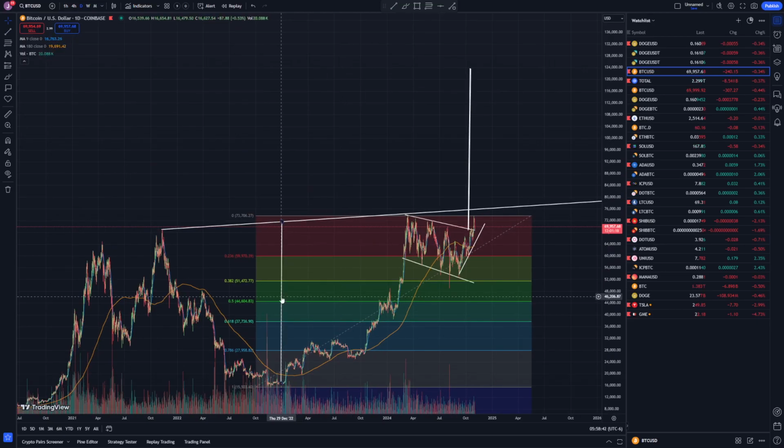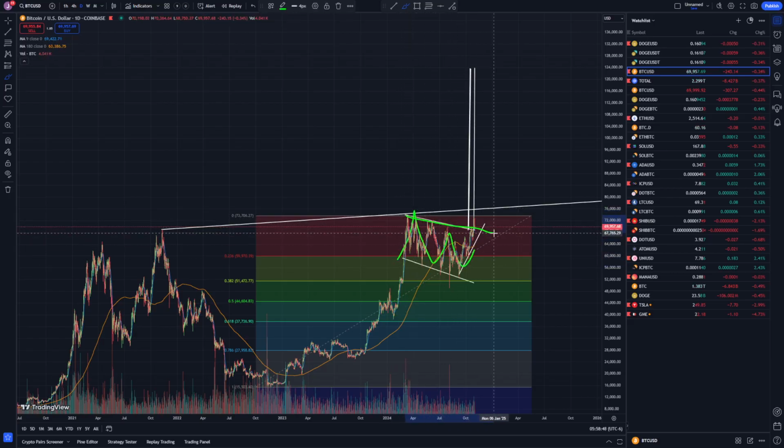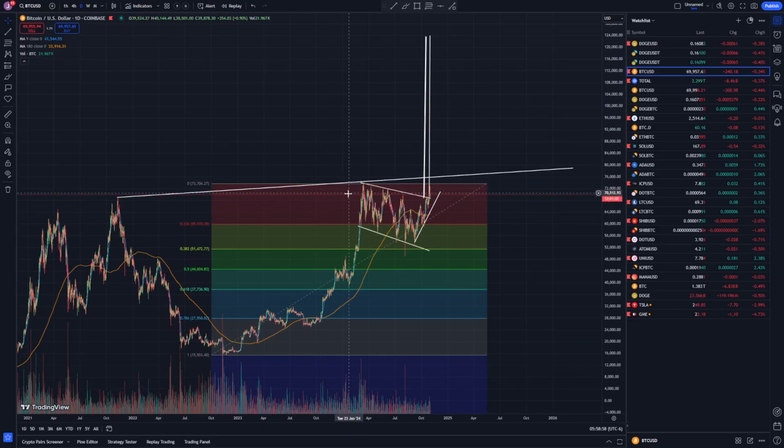We drag this to the breakout of the channel pattern, and that's where I get that target of around 122, 123,000. It varies depending on where you drag it to, but I'm looking at around 122, 123.